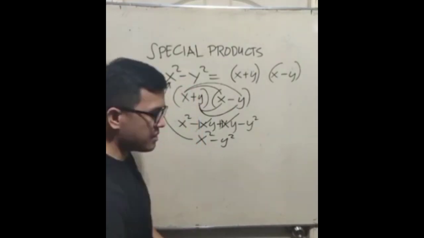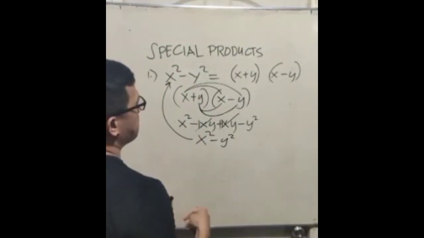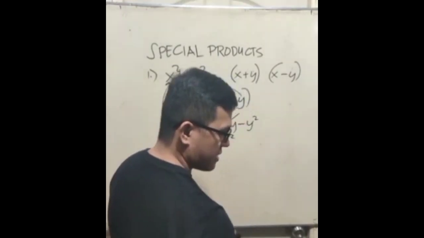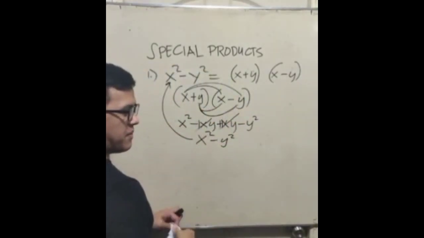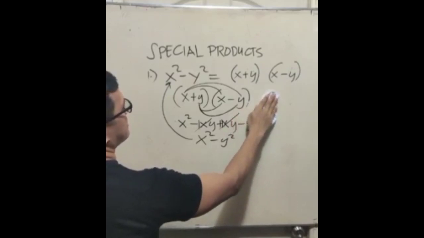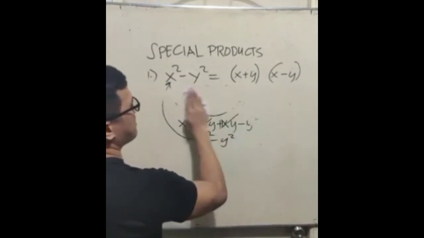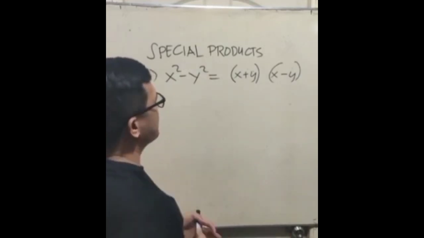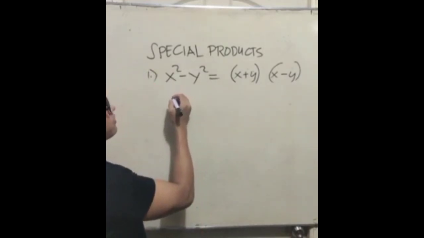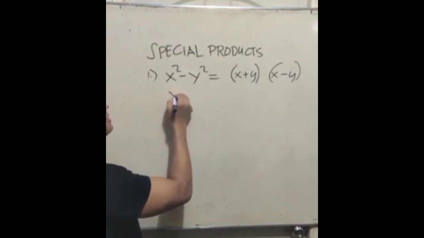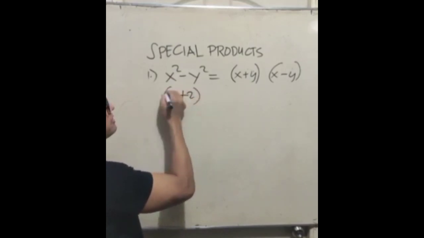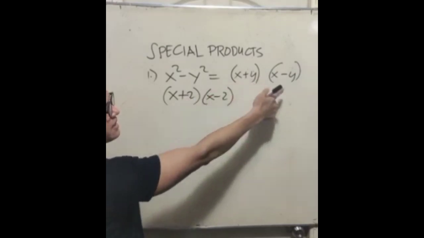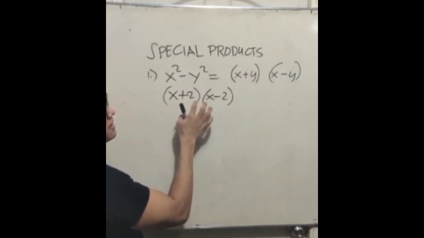Now, application natin. I-apply natin, ha? If we are given with, like, x plus 2 and x minus 2. See? Same, right? So, this is the x, and then this is the y.